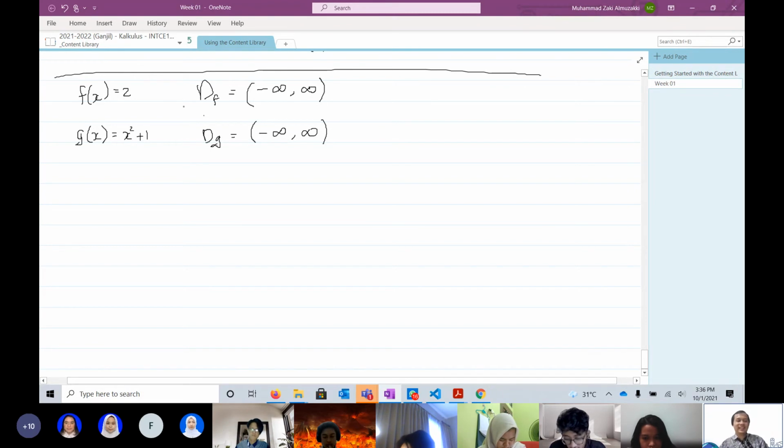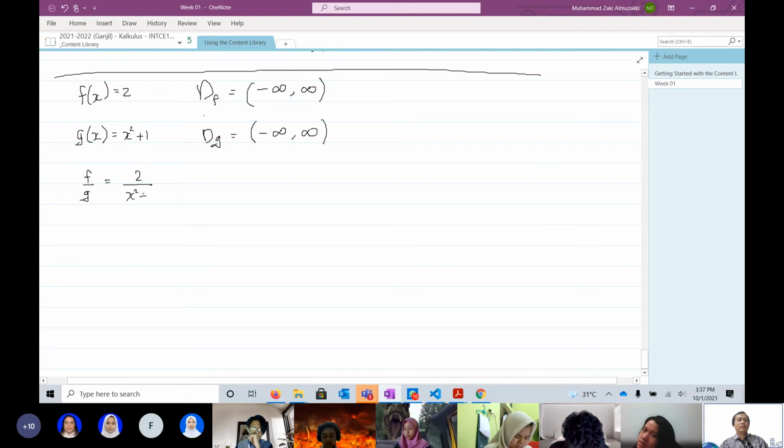Okay, I think you agree. Now let's check this f over g. f over g, meaning that we have 2 over x squared plus 1. So in this case, what is the domain of f over g?